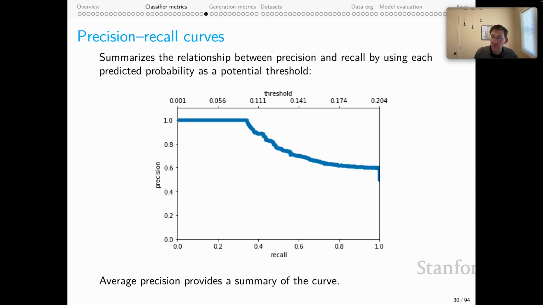And then if we do need to choose a single number, average precision is a summary of this curve that again avoids the decision about how we weight precision and recall and brings in much more information. You'll recognize this as analogous to the average precision calculation that we did in the context of information retrieval, where again it offered a very nuanced lesson about how systems were doing.